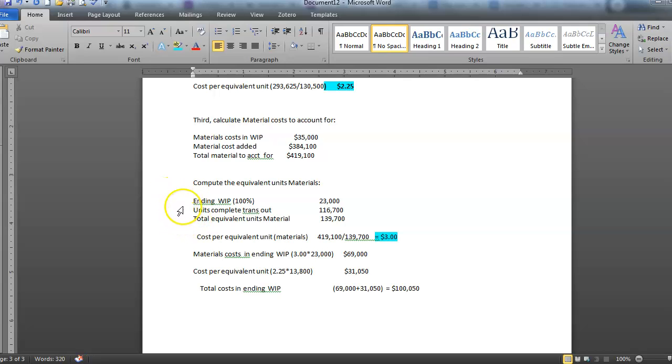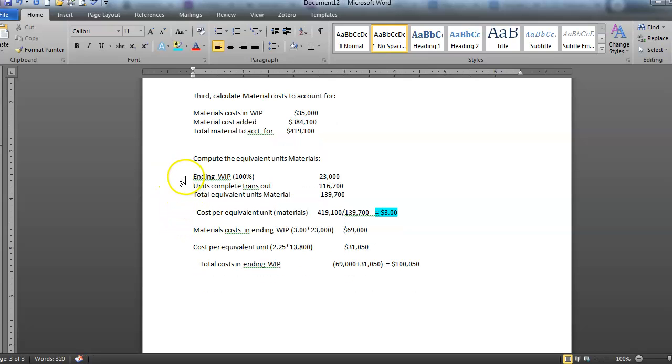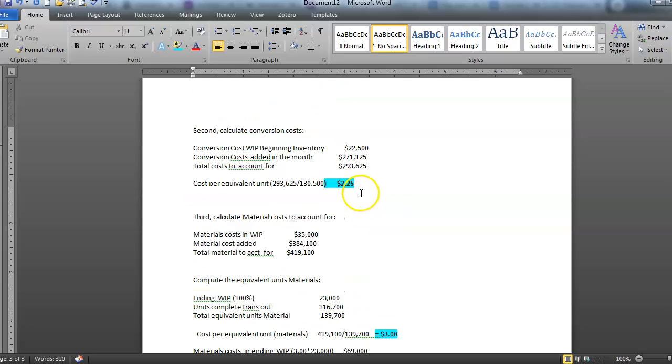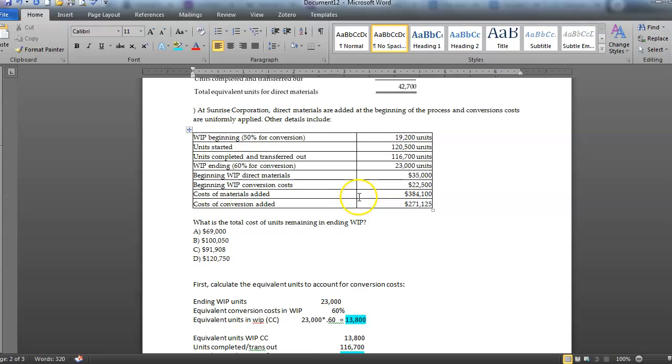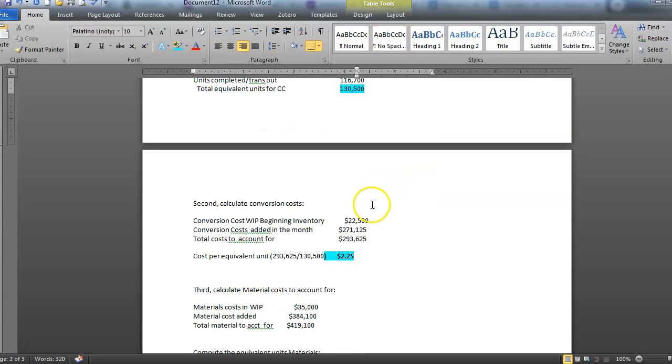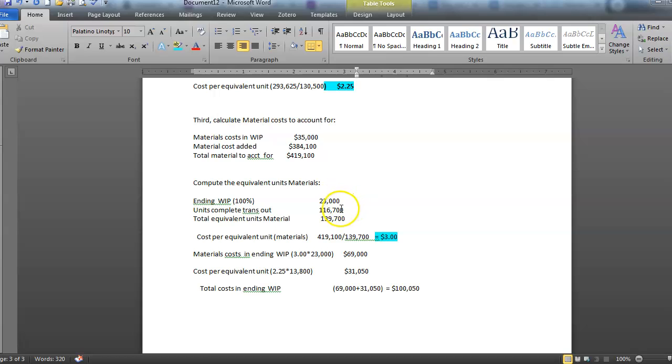So since we are given some information, we want to first find out what is our ending WIP in units. We already know it's 23,000. And our units that are completed and transferred out, we were given also was 116,700, as you can see here. So now we have the 23,000 and the 116,700. So we have our total equivalent units to account for.